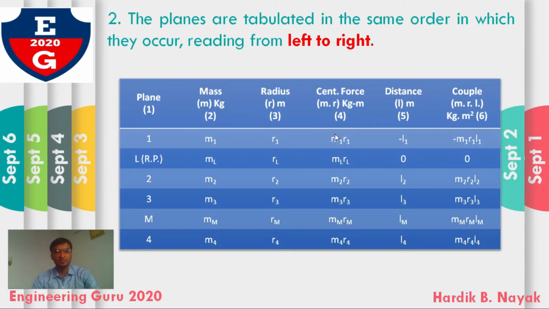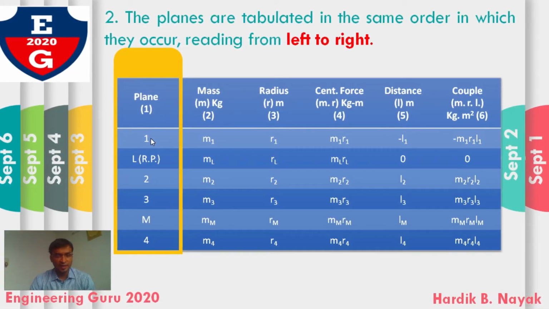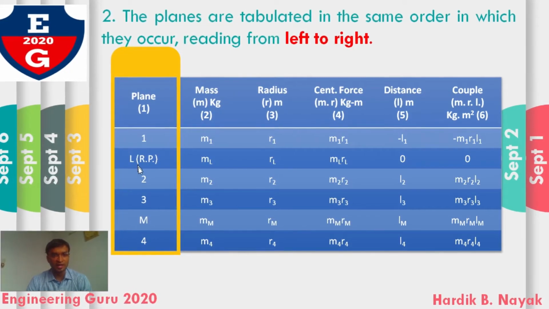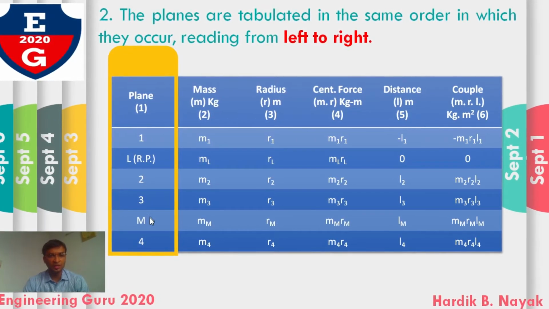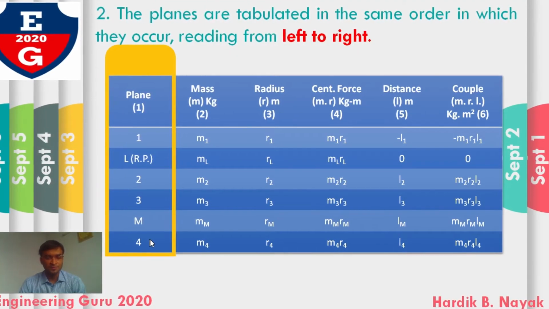Here you can see one table. This is the most important table whenever you are solving a problem of balancing of rotating masses. Here you can see there are 6 columns. The first column is the plane. This is called column number 1. You can see plane number 1, reference plane L, planes 2, 3, M and 4.